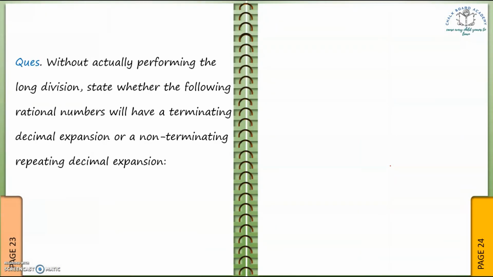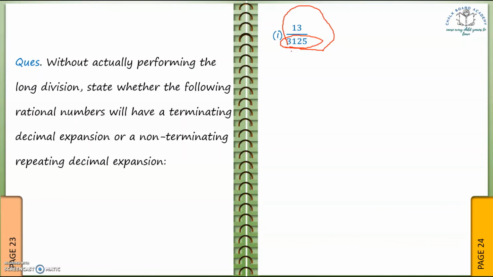So now without actually dividing, because of this fact, we can easily find out whether a certain number is terminating or non-terminating. Like how? Here is the example, we have 13 by 3125. For that we should be aware of the powers of 5 and powers of 2, and for the combination of them it's easy to see.